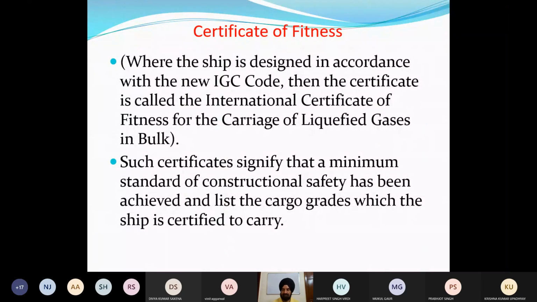Of course, a lot of people are there to check, and nobody will offer a cargo which the ship is not certified to carry, but you should have the knowledge. The sooner you start seeing these things, the more thorough you will be by the time you become chief officer: where this document is kept, what is given inside, what all you have to check, and what all you need to inform the company, that this is the requirement, this needs to be installed.